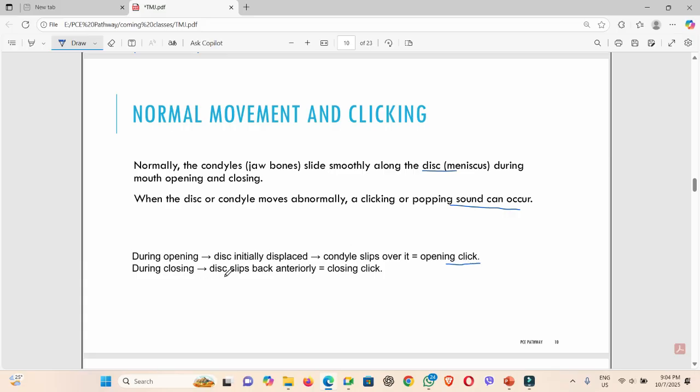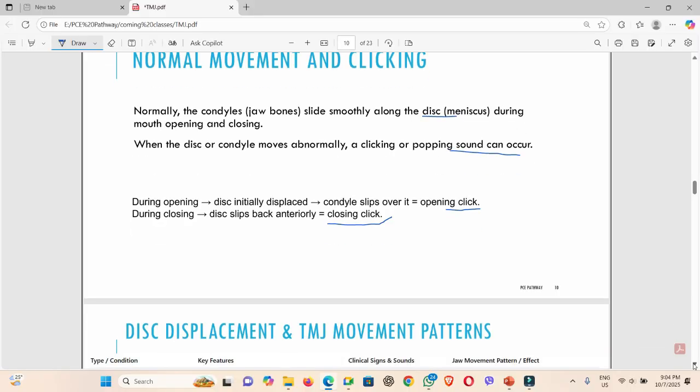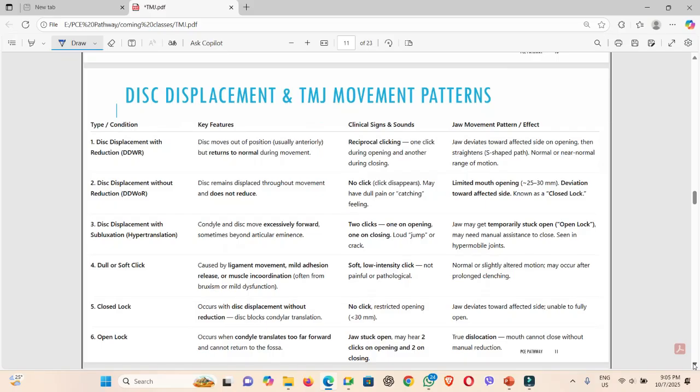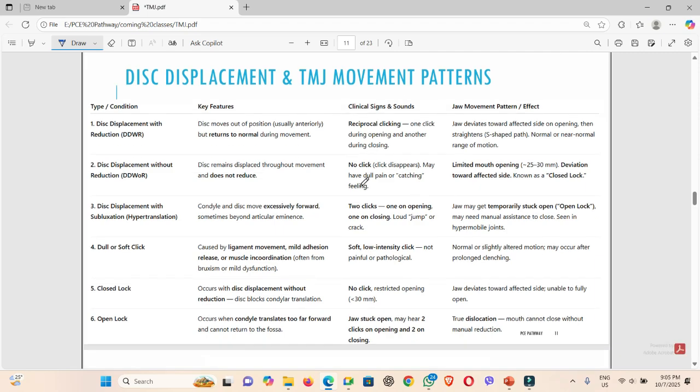During closing, the disc slips back anteriorly, producing a closing click. This will be clear in the coming slides. Yes, Anshuman. What is the sliding of the disc anteriorly while closing? We will discuss it in this slide.